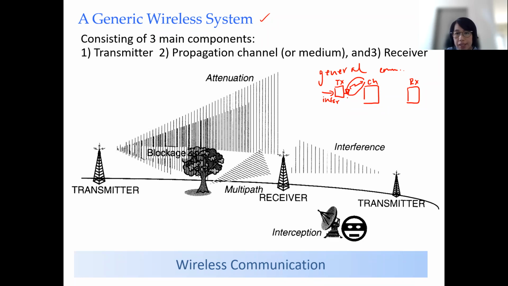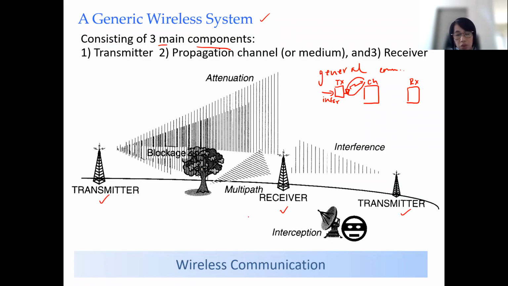It communicates wirelessly from the transmitter through the channel to the receiver. So at least 3 main components should be in the system. And this slide shows not only the transmitter and receiver, there are 2 transmitters here.